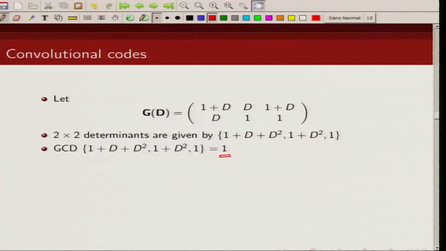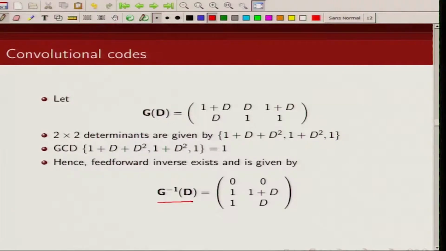So, in this case also a feed forward inverse exists, and this is given by this. And again we can check that G(D) times the inverse will be some delay elements, D to the power L, where L is greater than or equal to 0. We can verify this quickly.